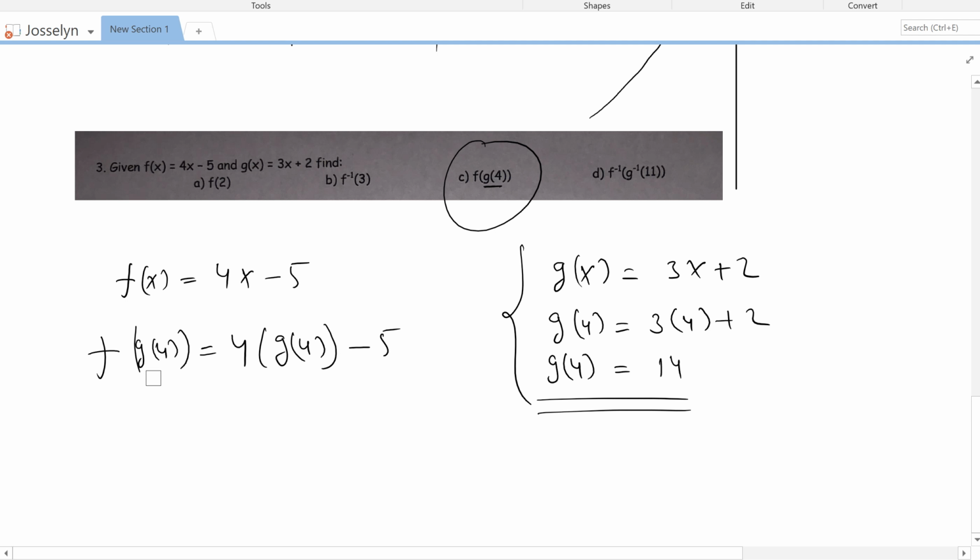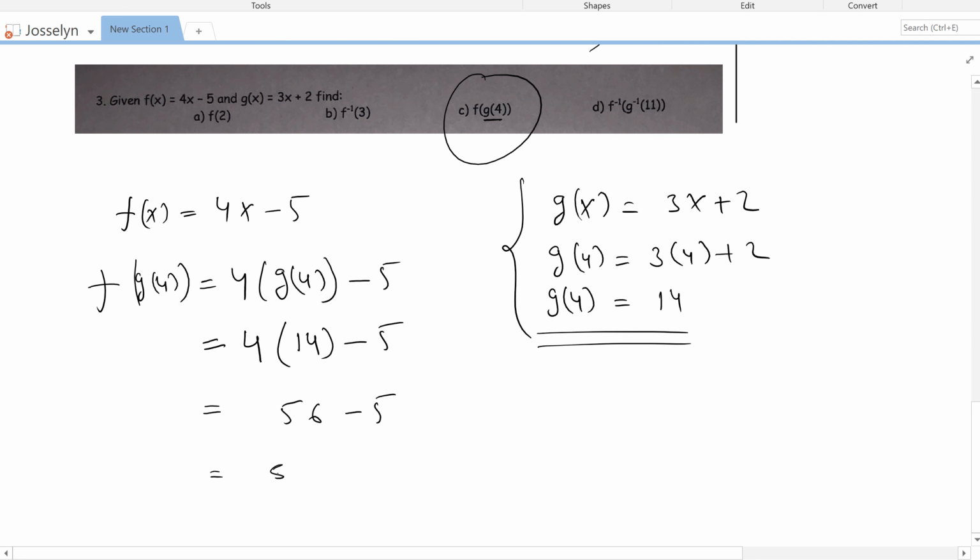Because we have to figure out f of g of 4. Now you substitute the values on the right side. Now g of 4 is 14, so I write 14 there, and I solve it. 51. Makes sense to you? Yep.